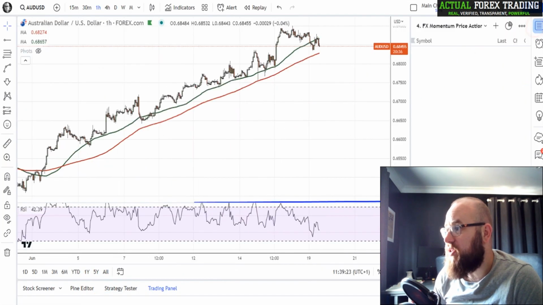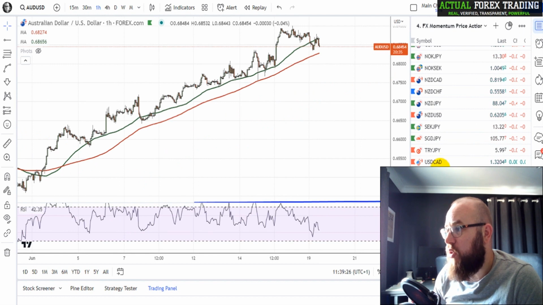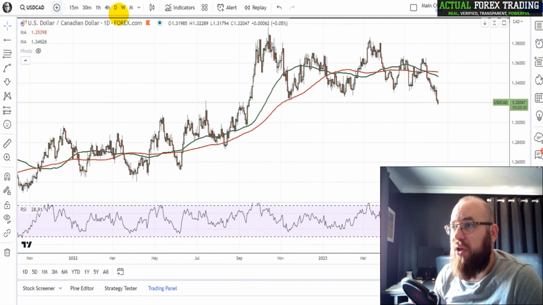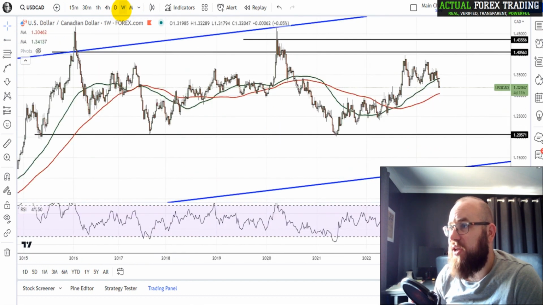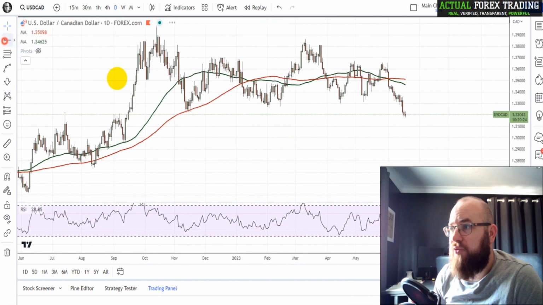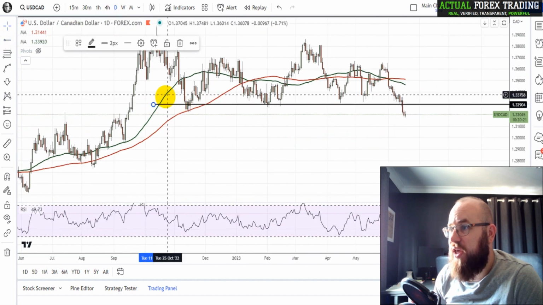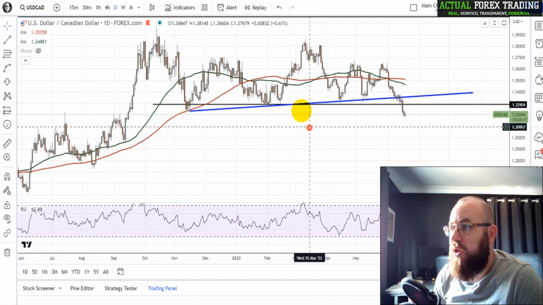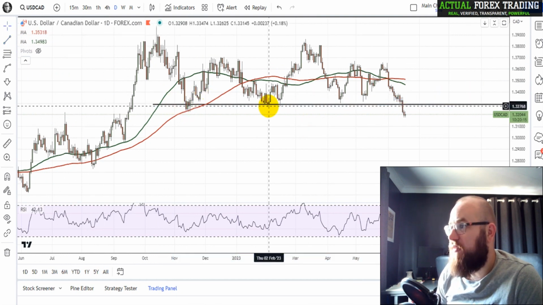If we were to look at US dollar, Canadian dollar, we've broken a key support level just last week, once again caused by the US deciding to pause rates. Look at this key level here, around here. It's a diagonal level really, more than a horizontal level, but we've broken this key area around here.